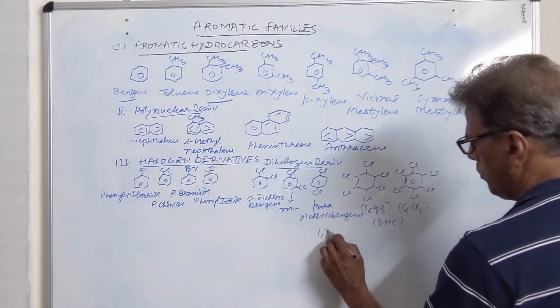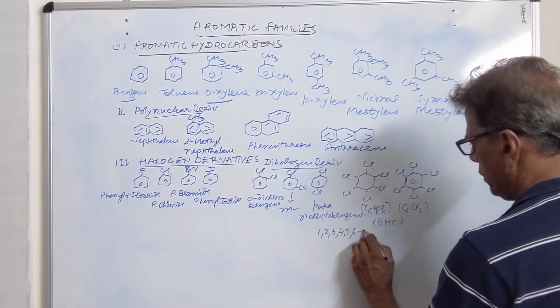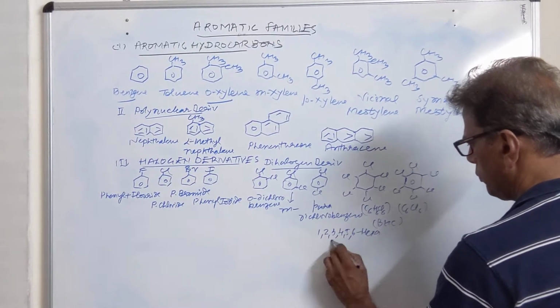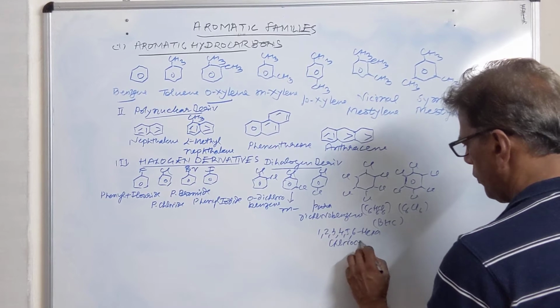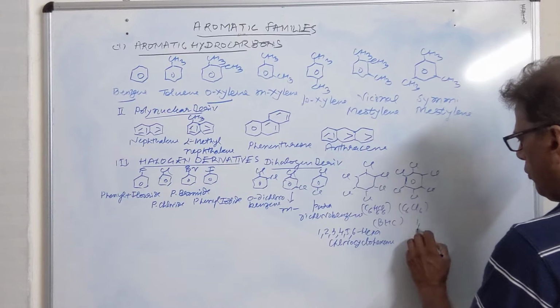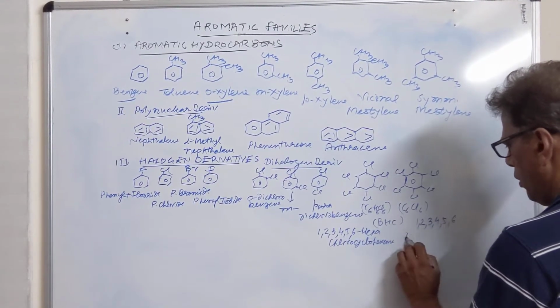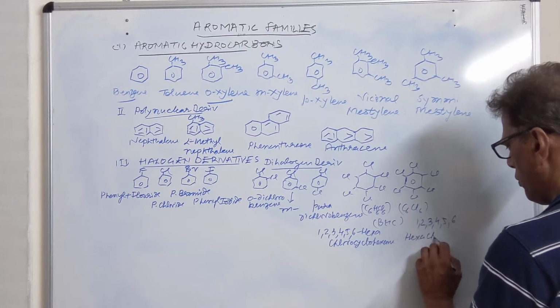IUPAC name of this compound is 1, 2, 3, 4, 5, 6 hexachlorocyclohexane. This is 1, 2, 3, 4, 5, 6 hexachlorobenzene.